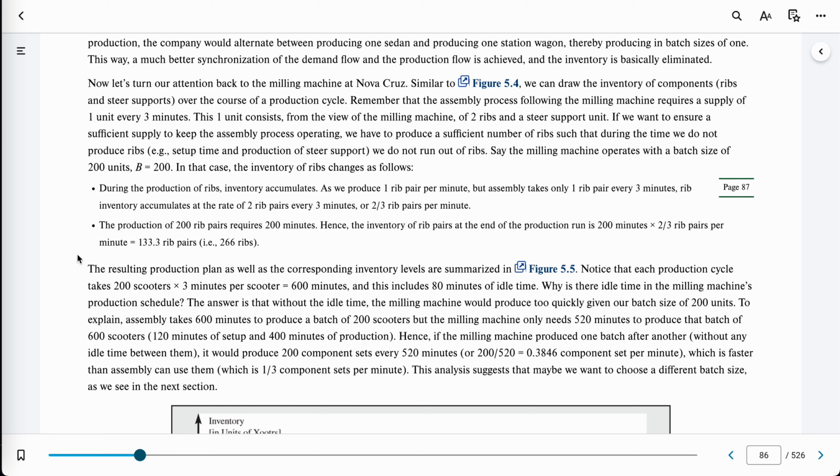So by the time you produce 200 of these ribs, the number of ribs in inventory is about 266 ribs, or 133.3 pairs. That's the maximum amount of inventory that you'll be holding, right? We did some of these calculations, if you remember, when we did the Wally's widget warehouse examples last time.